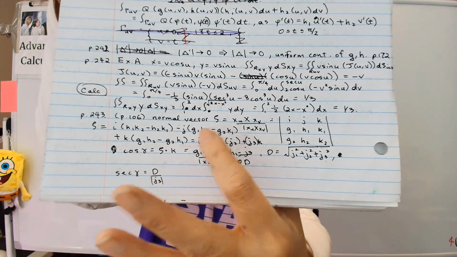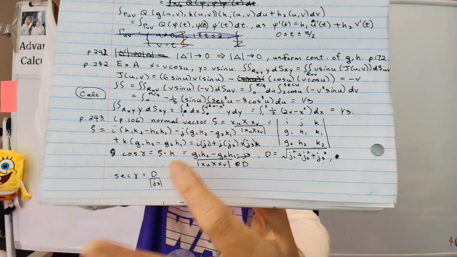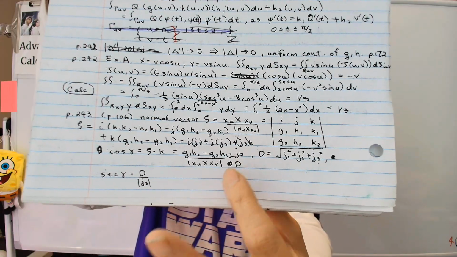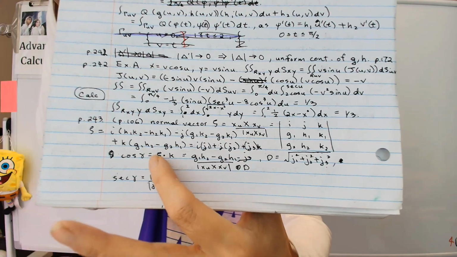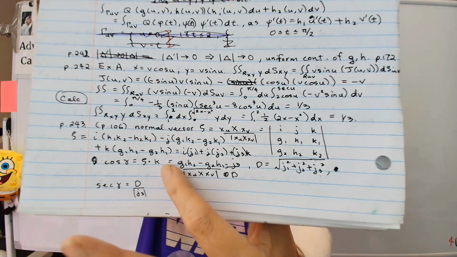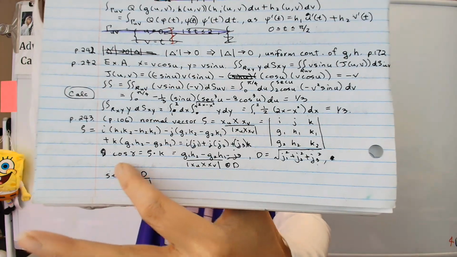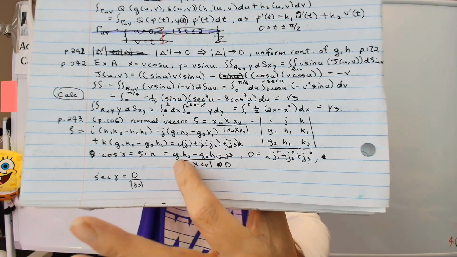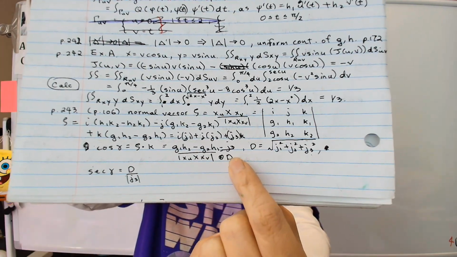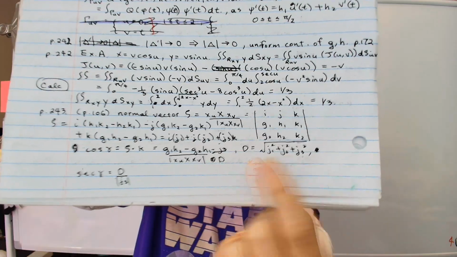Each part of the cross product is exactly j1, j2, and j3. Specifically, cosine gamma, which is zeta dot k, is the angle, and when you calculate it, cosine gamma is exactly j3 over d, where d is the square root of the sum of squares.